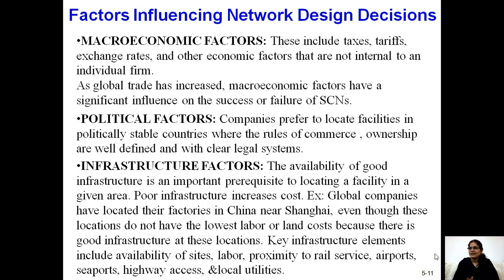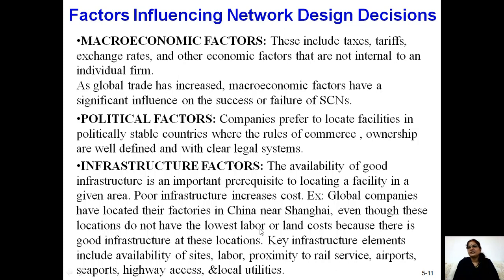But in the 1990s, major economic reforms took place which led to globalization and liberalization of trading. Hence, global trade was encouraged. As a result, macroeconomic factors became more and more significant and started influencing success or failure of the supply chain network.